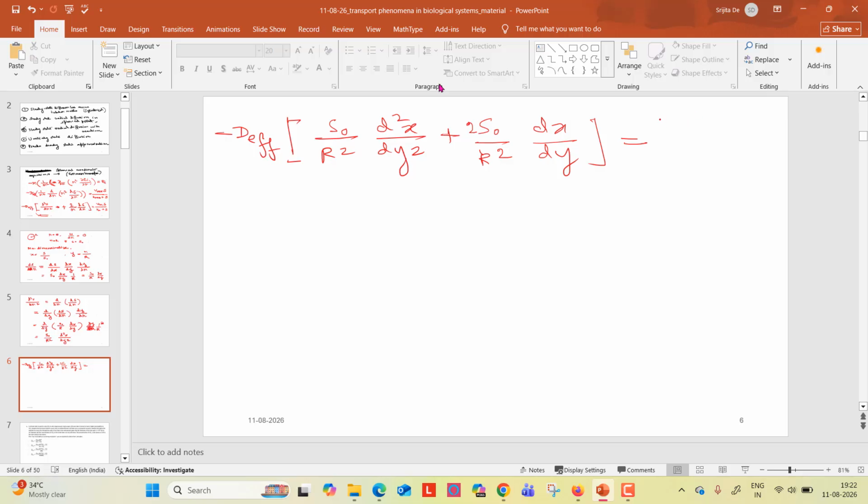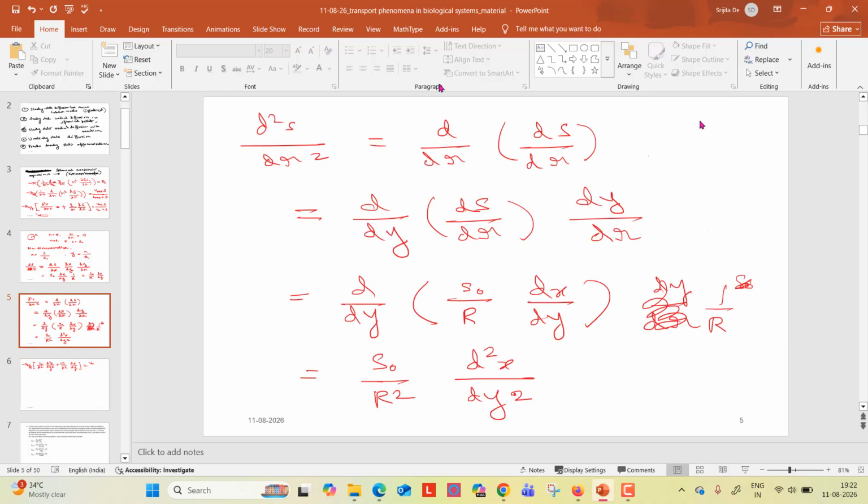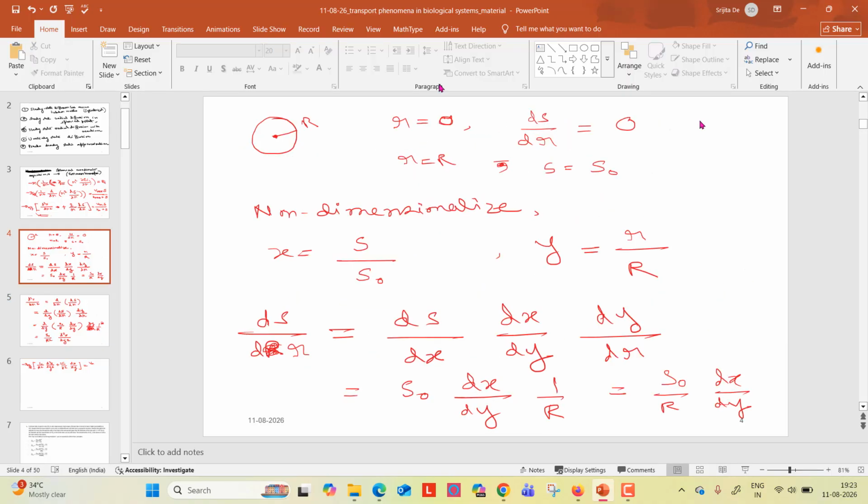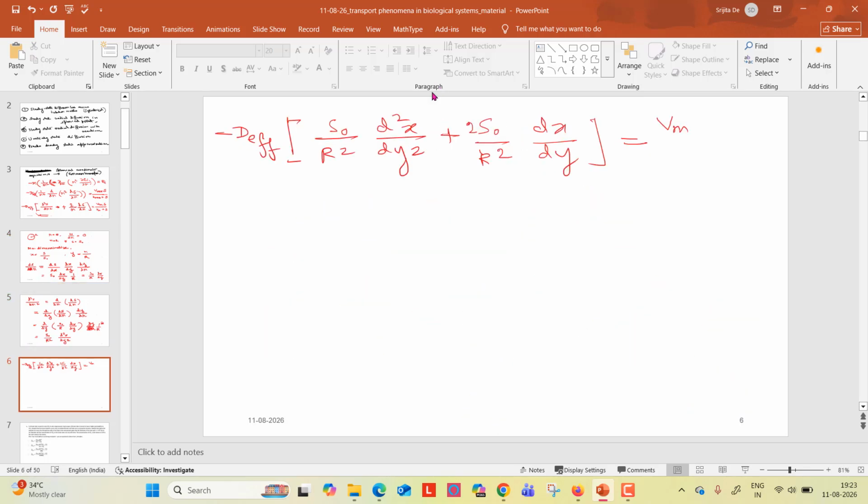and now you know that s is nothing but s0 into x, which you have defined already, and r is your y r. So we'll simply write that: s0 x divided by Km plus s0 x.